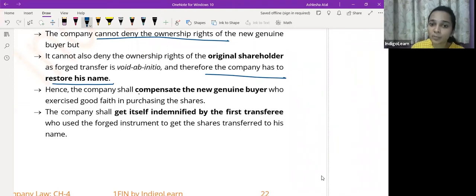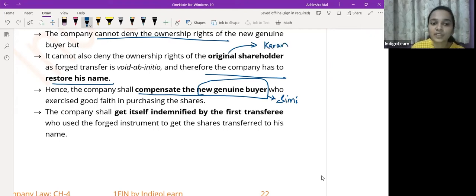The company shall compensate the new genuine buyer. New genuine buyer in our example was Simi. Original shareholder in our example was Karan. So the company shall get itself indemnified by the first transferee who used the forged instrument.